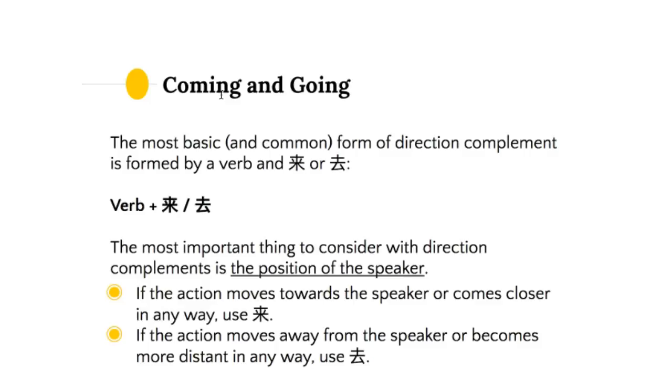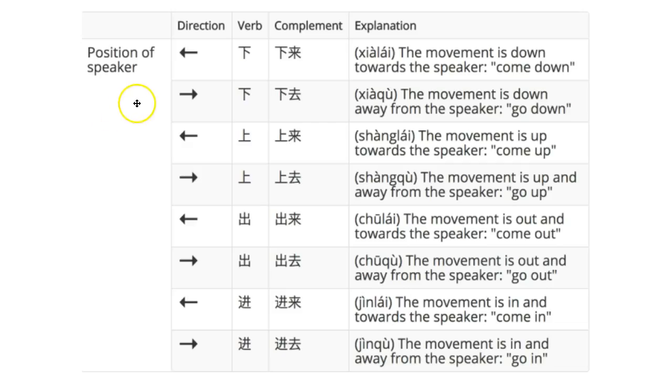Let's look at some examples of these direction complements. So if we have 1, 2, 3, 4 verbs, the 4 verbs that we'll be concentrating on in this lesson: 下, 上, 出, and 进.